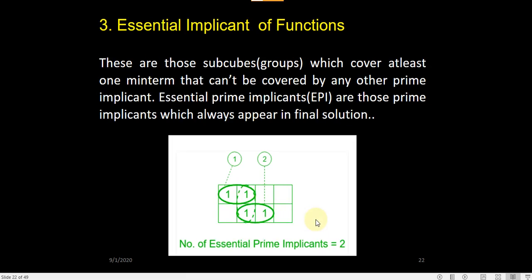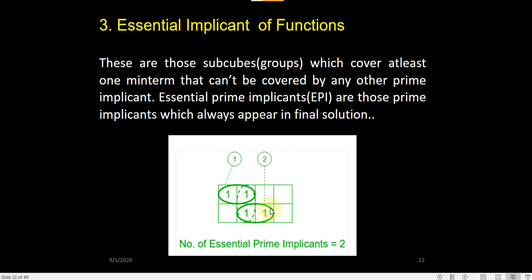Now, what are essential implicants of a function? Essential implicant means, take this one. Initially you take this one, so I make one box because this is the only combination where this one is covered.